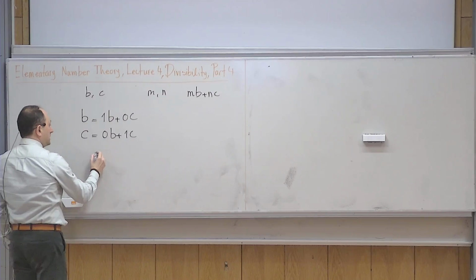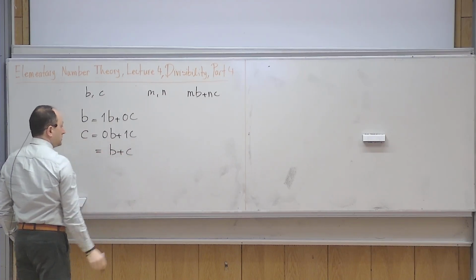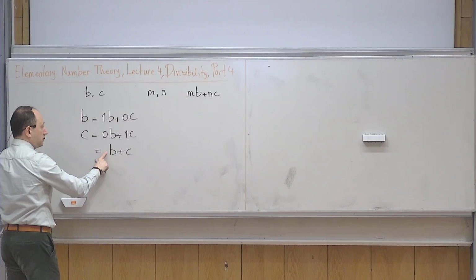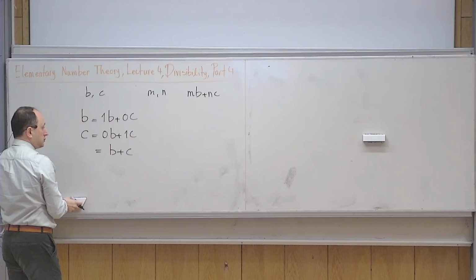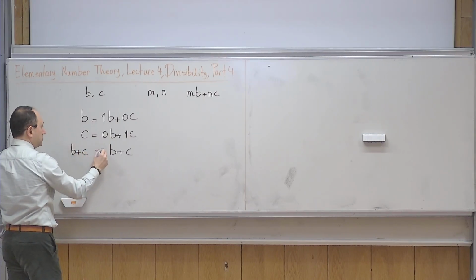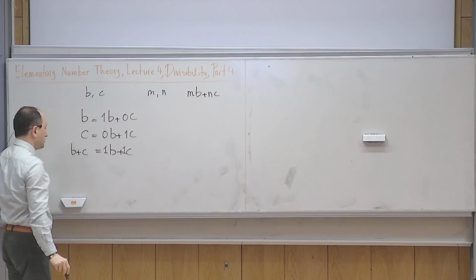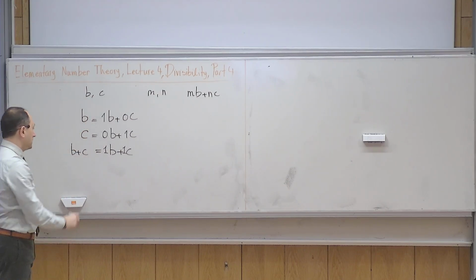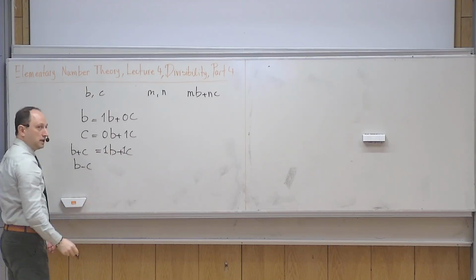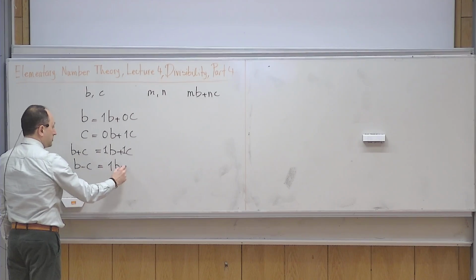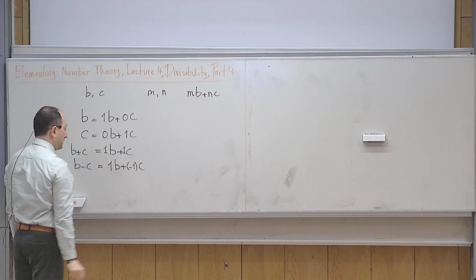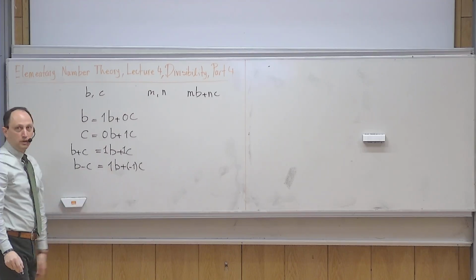For example, is B plus C a linear combination? Yes. Here I choose 1 for M, I choose 1 for N, so B plus C can be viewed as 1B plus 1C. So B plus C is also a linear combination. What about B minus C? That's also correct. Why? Because I choose 1 for M and I choose minus 1 for N. B minus C is also a linear combination.